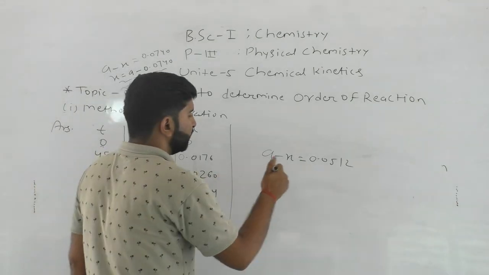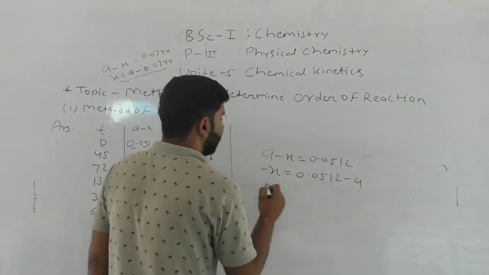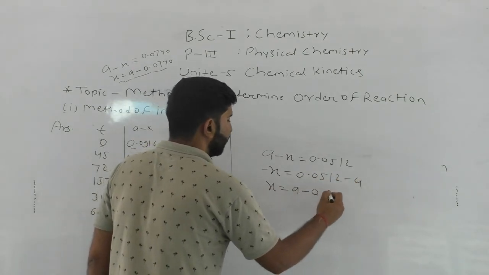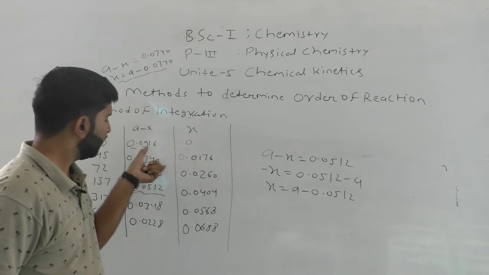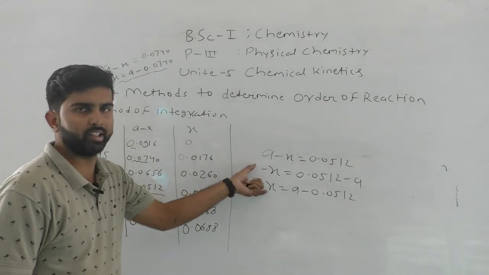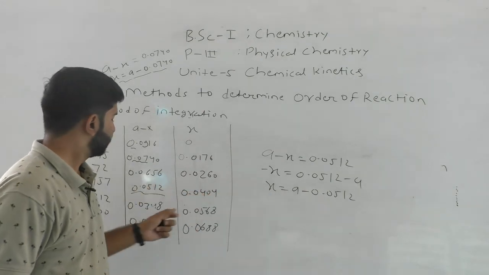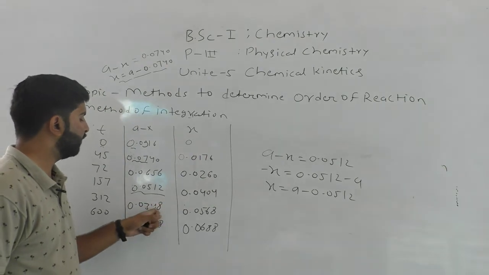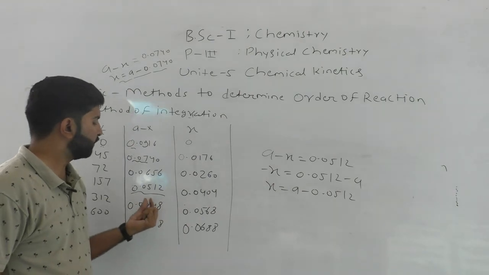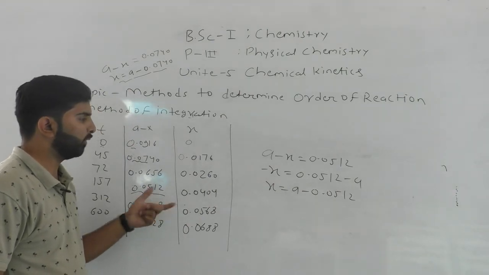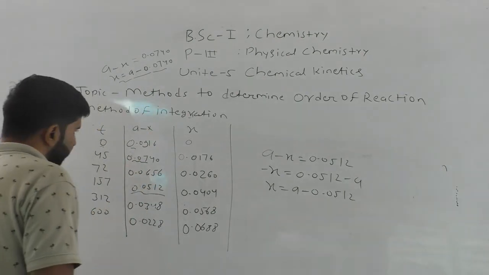A minus x equals this, so x is A minus 0.0512. So we calculate the value of x for each of the observations like this. If we want to calculate the value of x for this observation, then we write x equals A minus 0.0348. So we can calculate the values of x from each of the observations.